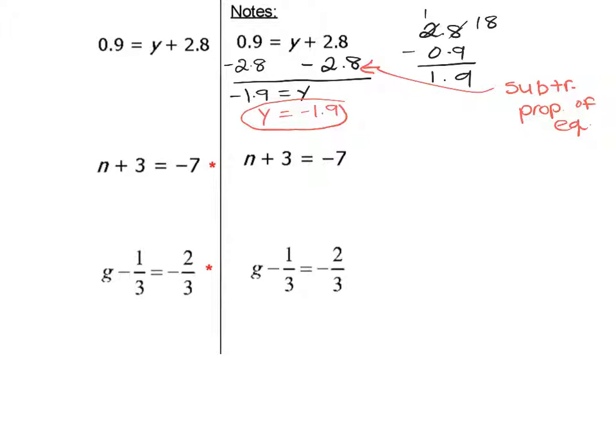And then I always want to read mathematics from left to right, so I always want that variable to start first. Notice how all my equal signs lined up, line by line, it's very clear, and then I circled my answer. That's what I want from you. So for the next one, I also subtract.